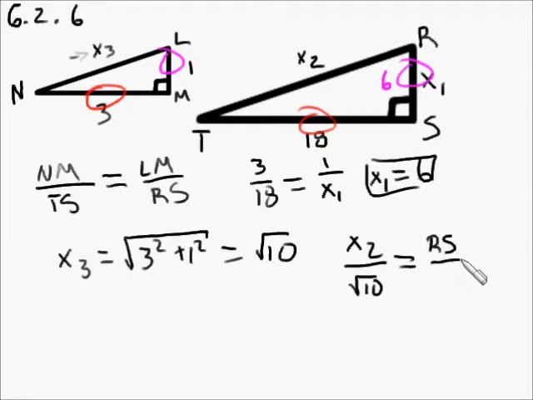Oops, let's actually write those numbers in there. 6 divided by 1. So then we multiply both sides of this equation by this denominator, square root of 10, and we get that x sub 2 is equal to 6 times the square root of 10. Perfect. And that's that problem solved.